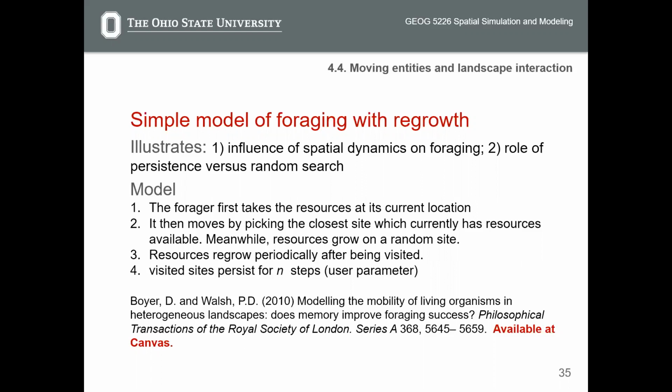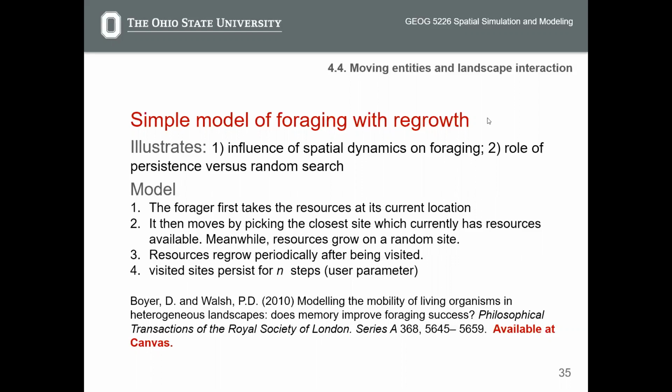This interaction was there in previous models because foragers need to collect resources from this virtual world, right? But now we add another factor into this world: the resources can regrow after a specific time period.